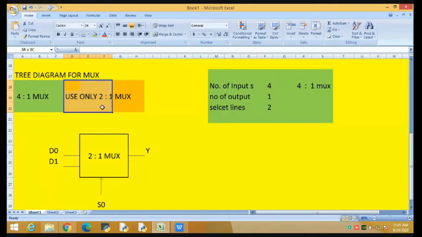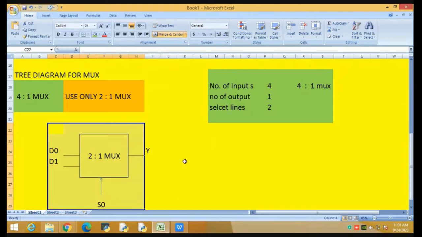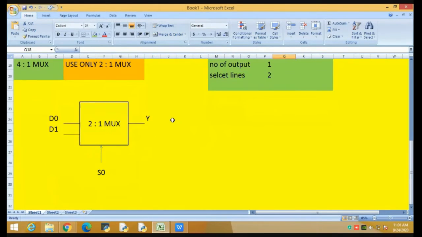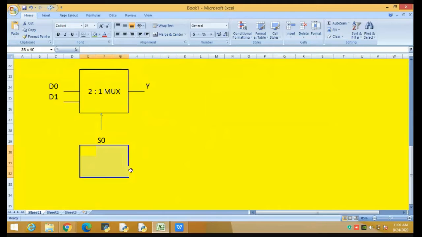But in my hand, what I have is 2 to 1. So how do we define this 2 to 1 into the 4 to 1 mux? I am going to add another 2 to 1 mux.